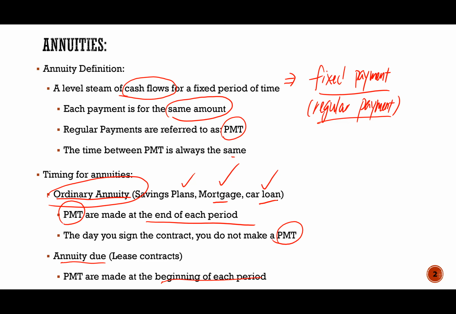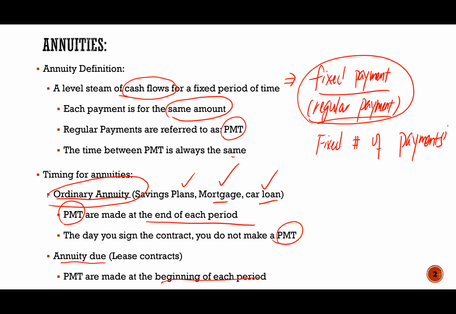So one more time, two important things about the annuity: a fixed payment, a regular payment, right? And also a fixed number of payments, meaning over the life of the mortgage, let's say it's a 30-year fixed mortgage, then you're making 360 payments, right?